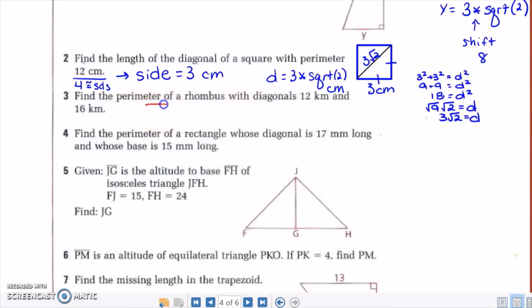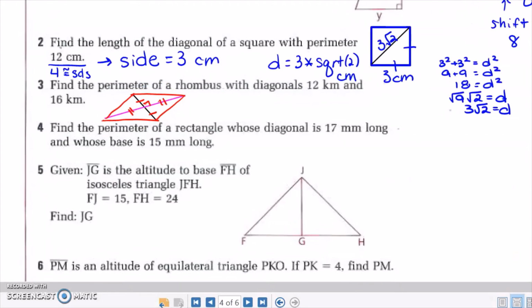The perimeter of a rhombus whose diagonals are 12 and 16. You need to remember the properties of a rhombus, that they meet at a right angle and that they bisect each other.